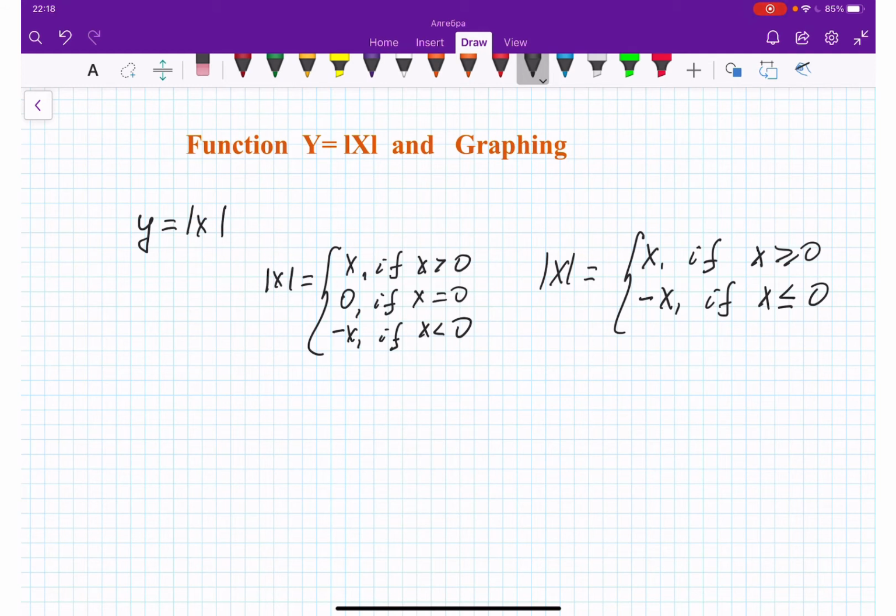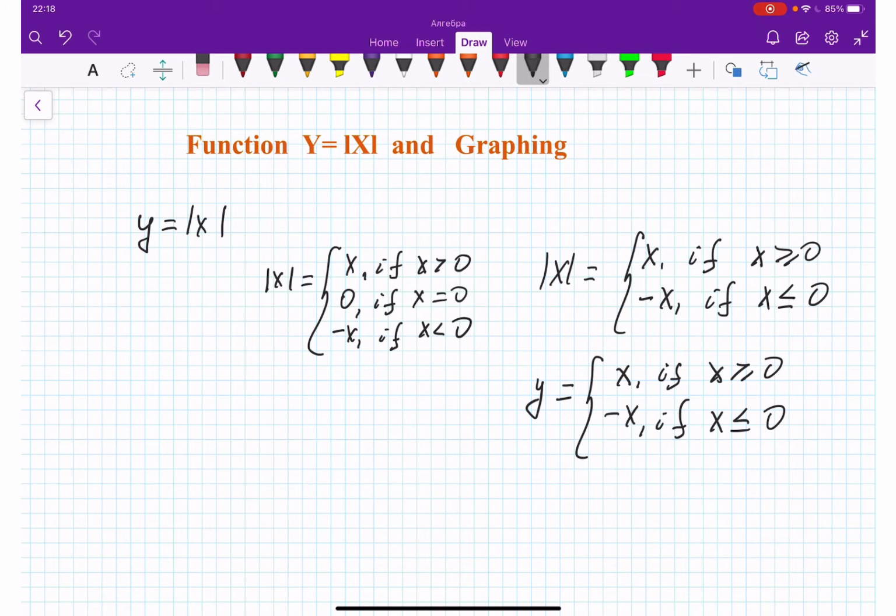And the other notation you can write down: y is equal to x if x is greater or equal to 0 and negative x if x is less or equal to 0. So any of this notation is valid and you can use any of those.